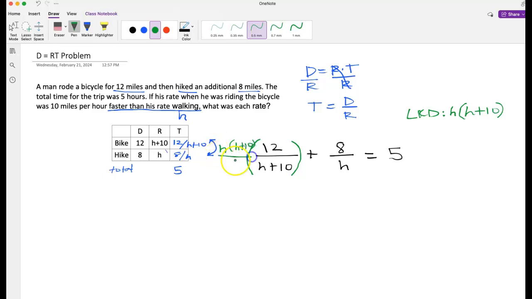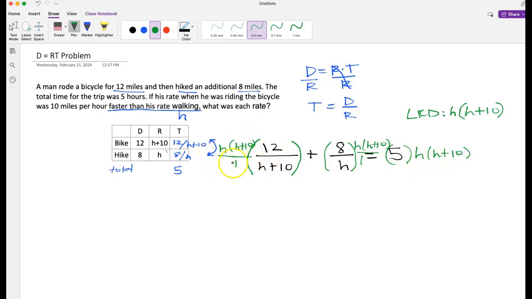So it's kind of like I have this over 1, and then I've got that same thing, h times h plus 10 all over 1, and then I need to multiply 5 by that. Now this is where a lot of people forget you got to multiply every single part by that LCD, so this also needs to be multiplied by h times h plus 10.